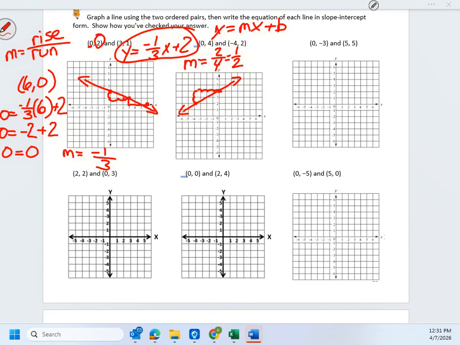What's my next step? I plotted it, found my slope. What else do I have to find? Ellen. The B. Ellen wasn't even here last week and she's picking it up. I love it. We need to find the y-intercept. Is this an easy y-intercept for me to find?